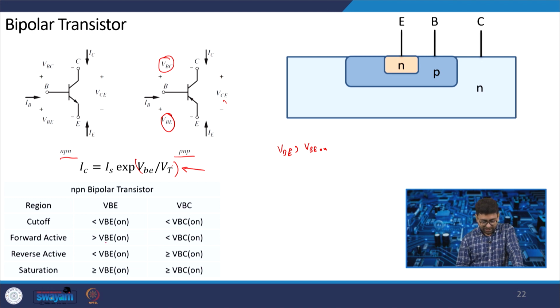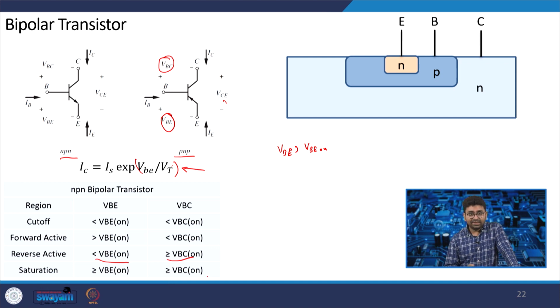So in the forward active region, VBE should be greater than VBE on, and VBC should be less than VBC on. There is also a reverse active region, where VBE is low and VBC is high, and the saturation region, where VBE is greater than VBE on and VBC is greater than VBC on.